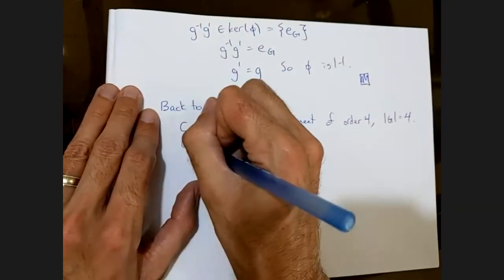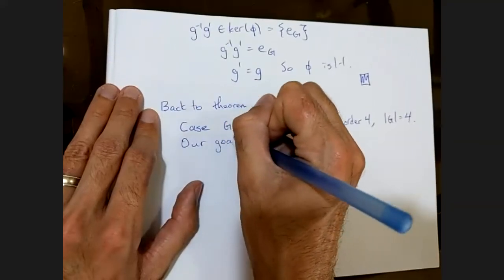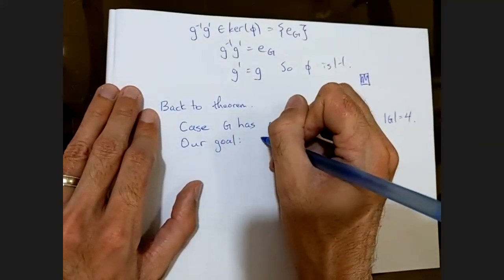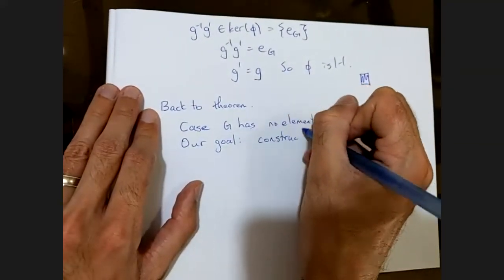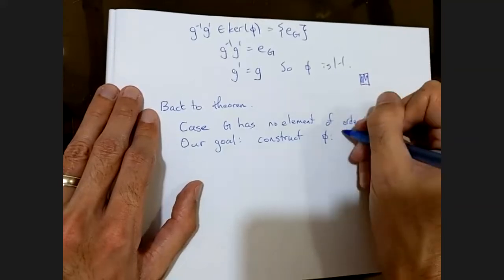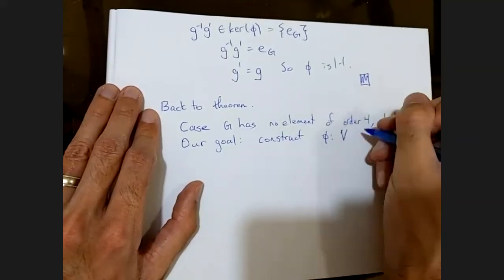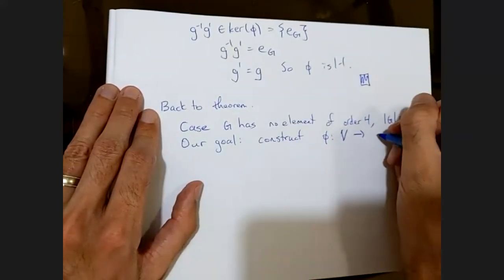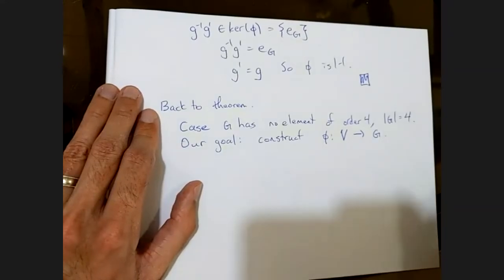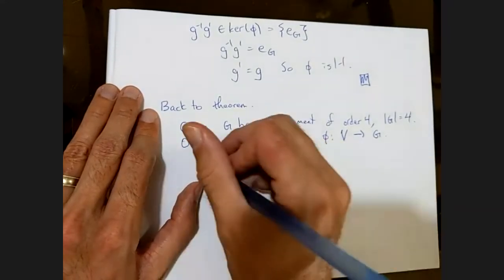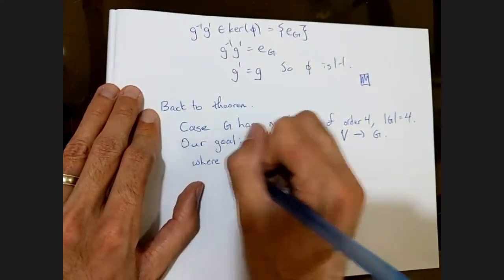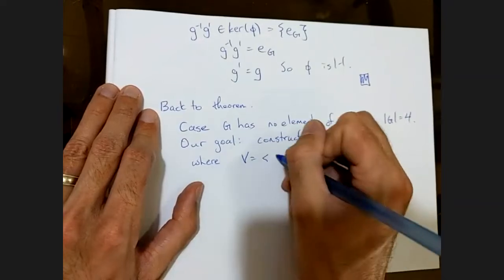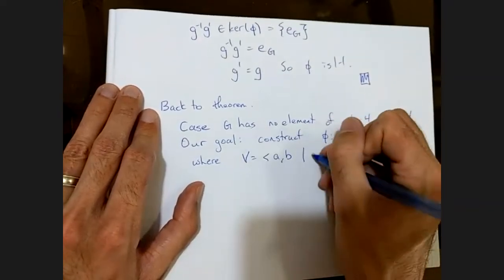And our goal is to construct an isomorphism phi from our group V to G, where V is this group with 4 elements.